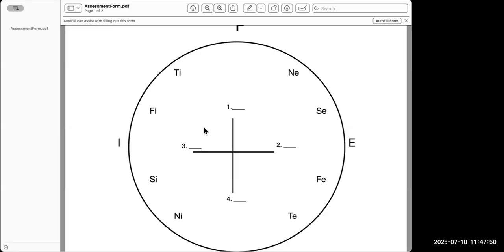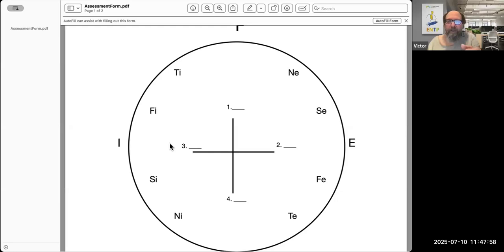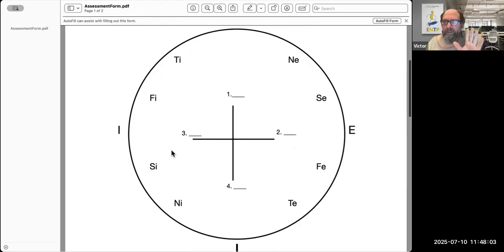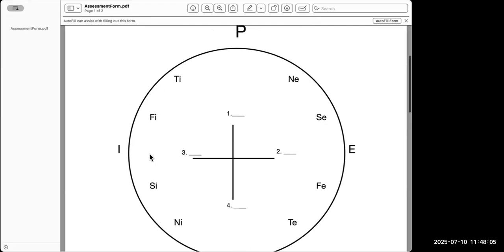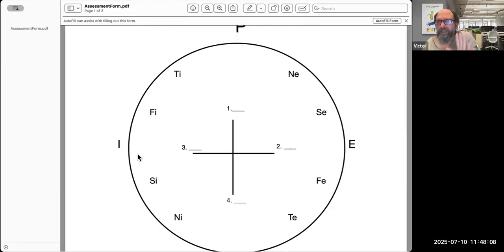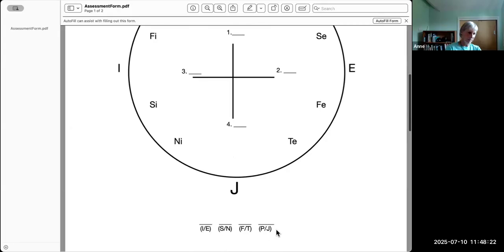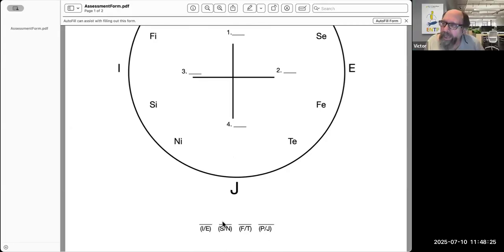So is the P or the J based on the dominant or based on the auxiliary? The P and the J doesn't relate to the dominant. That's a good point. The dominant has to do with the I and the E, in the first position. But you see, this is why it's so complicated.